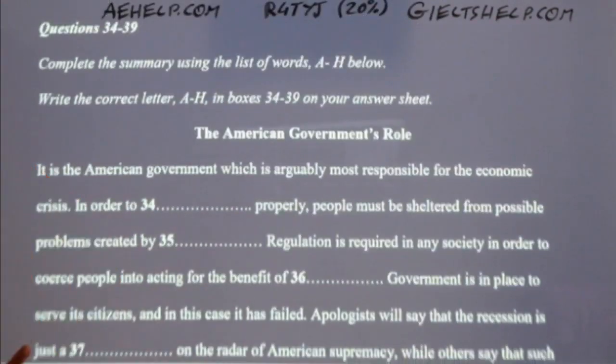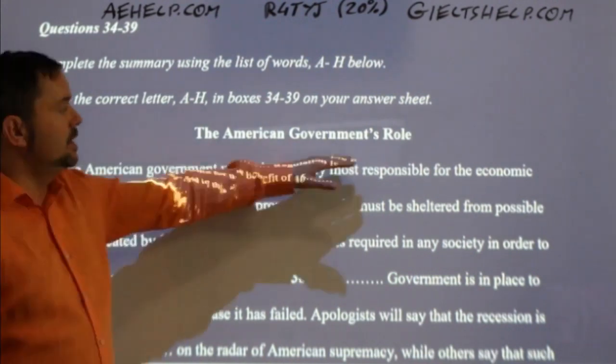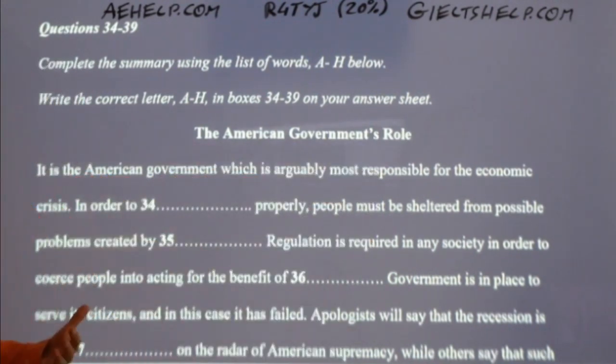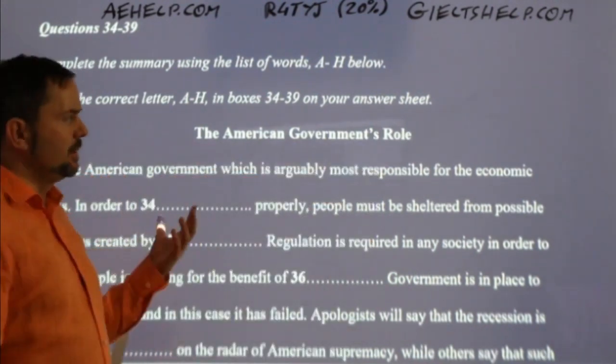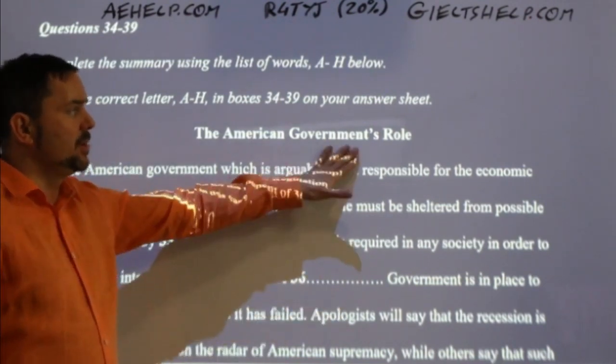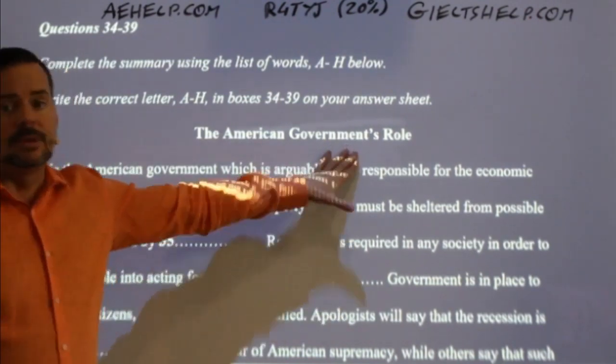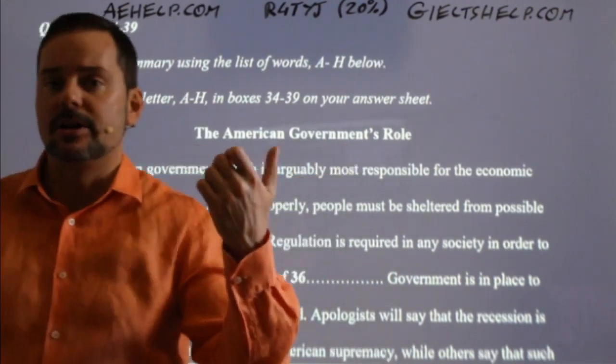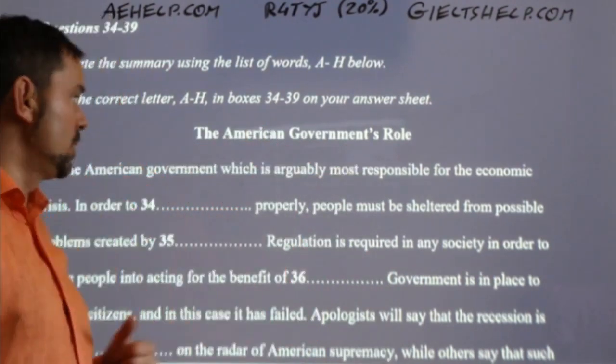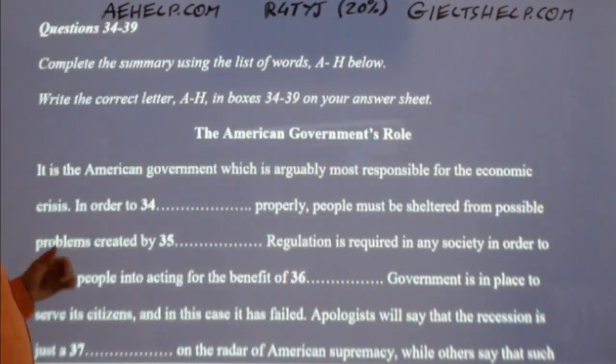Next set of questions, questions 34 to 39, the American government's role. Okay, so something about banks and now something about the government. All right, so I'm keeping those two elements in my mind, right? Banks, government. Okay. So this I can read.